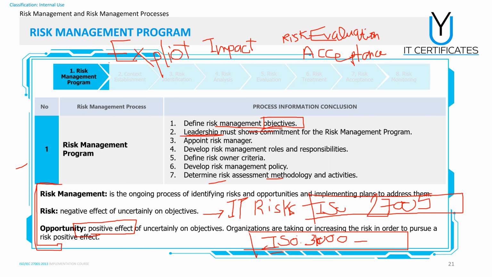Then ISO made a tailored version from ISO 31000, which is for enterprise risk, for IT risks, which is called ISO 27005. Then 27005 is a version for IT risk assessment, developed and derived from ISO 31000.